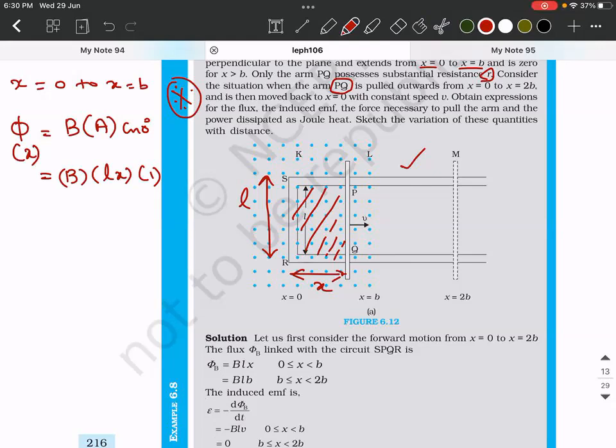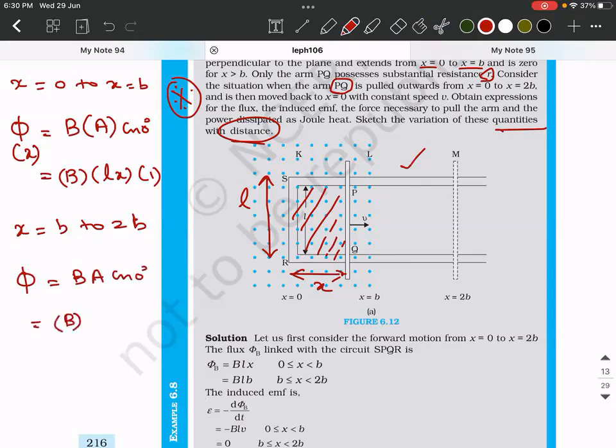They told us to sketch the variation of these quantities with the distance, meaning the x-axis is supposed to be taken as the distance, and the y-axis is flux, EMF, and all other quantities. So from x is equal to b to 2b, what happens to the flux? It is B into A into cos 0 degrees.